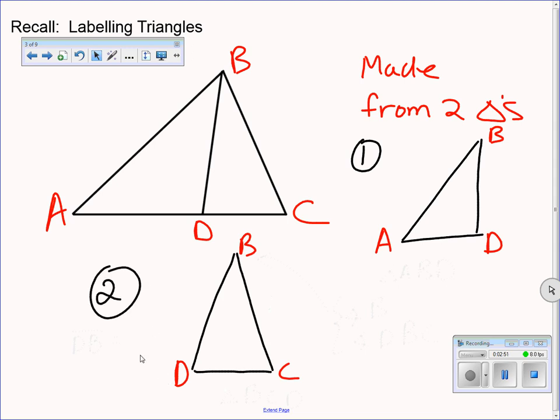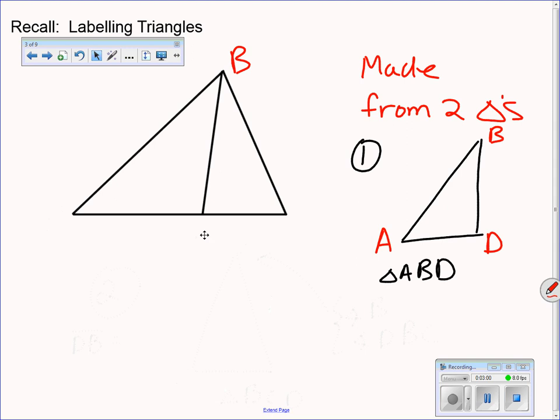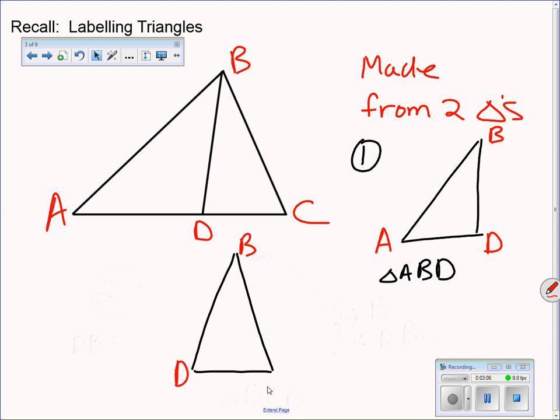Now, if I'm taking a look at these triangles, let's go over this again. There's our triangle. We have our two sides. We have our triangle labeled as this, so this is triangle BDC.